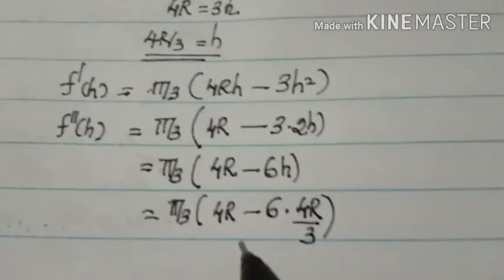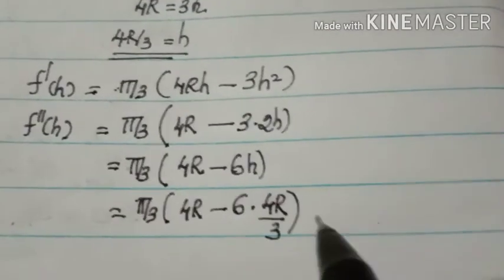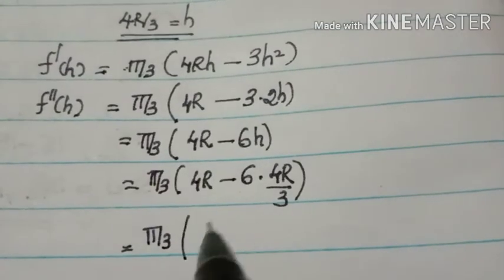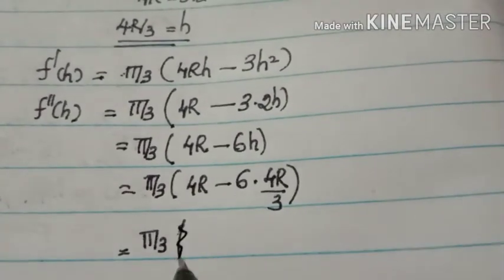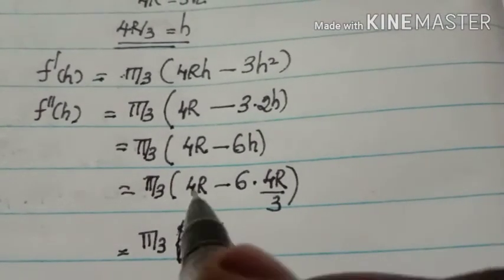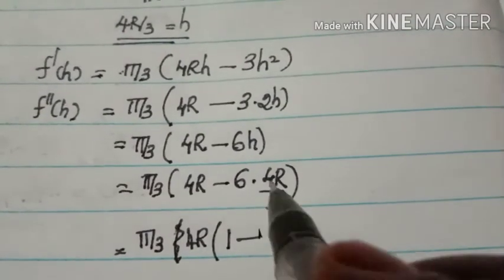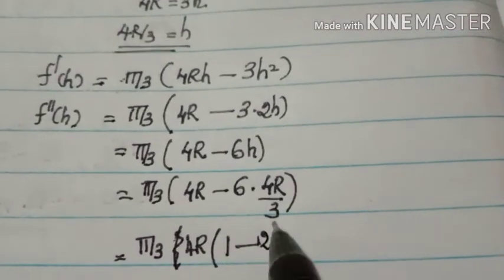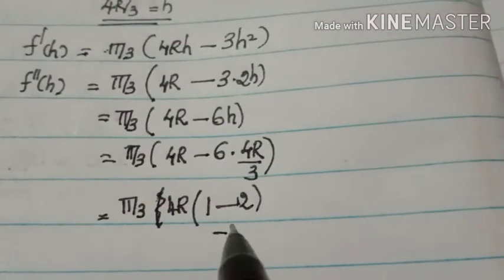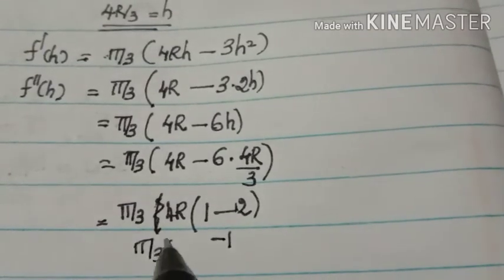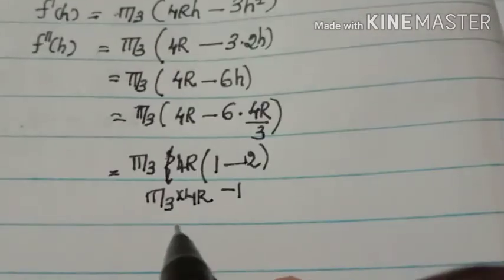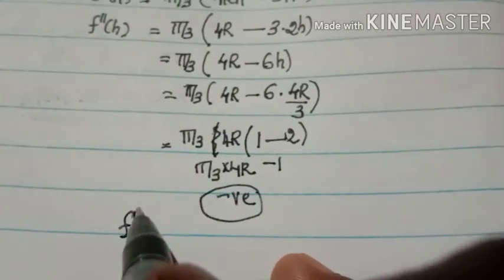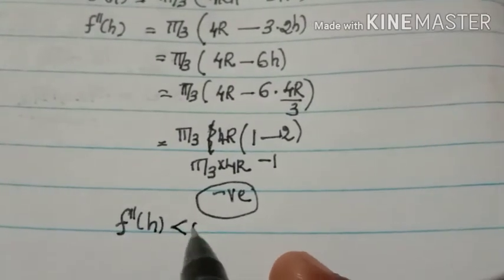Okay. Now take the common factor outside. What is the common factor? Pi by 3 into 4r is common. So take outside 4r into remaining 1 minus 6 by 3, isn't it? 6 by 3 is 2. 1 minus 2 is minus 1. So pi by 3 into 4r into minus 1 becomes a negative quantity. That is f double dash of h is less than 0.